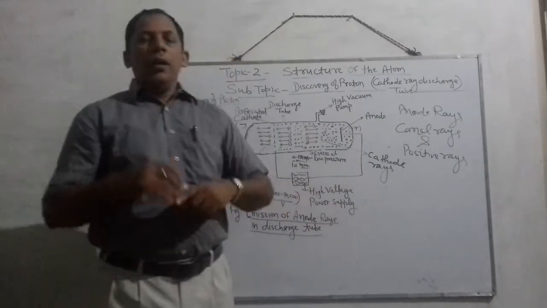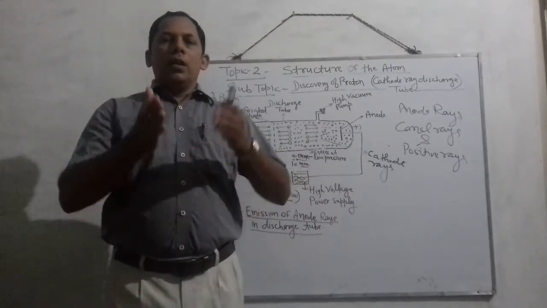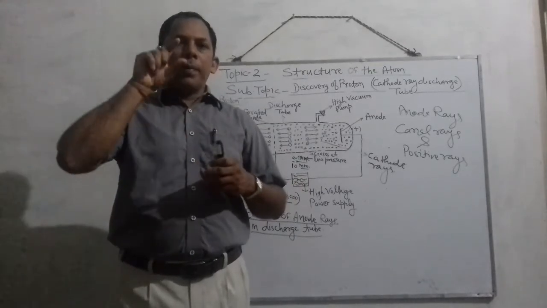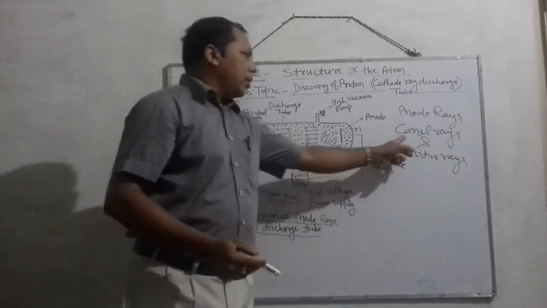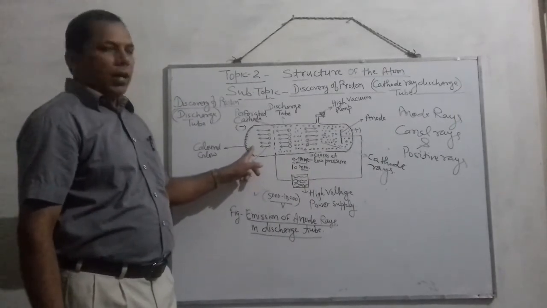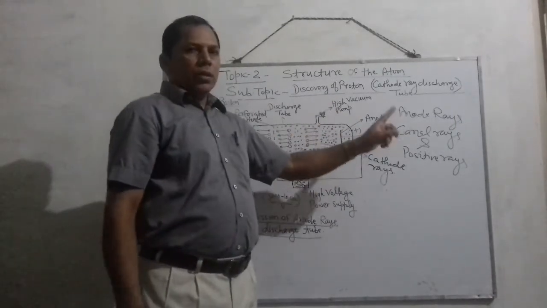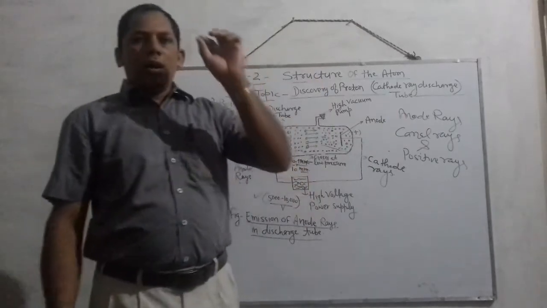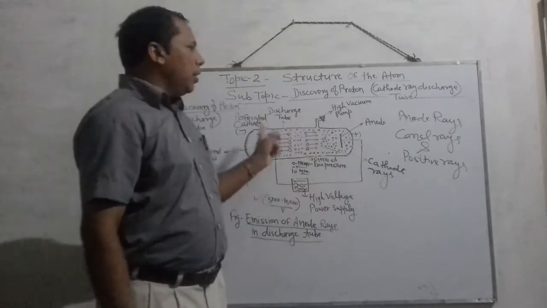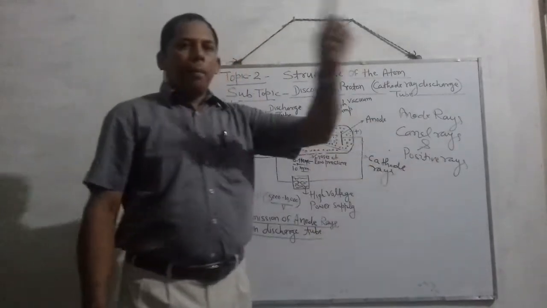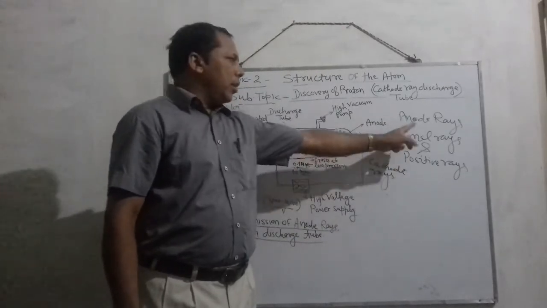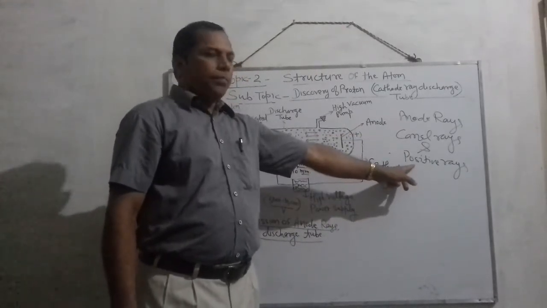Or they move in the form of a stream, or you can say a canal, so these rays are also termed canal rays. And anode rays or canal rays are composed of positively charged particles, that's why these are also called positive rays. Concept clear, children? Why these names are taken?